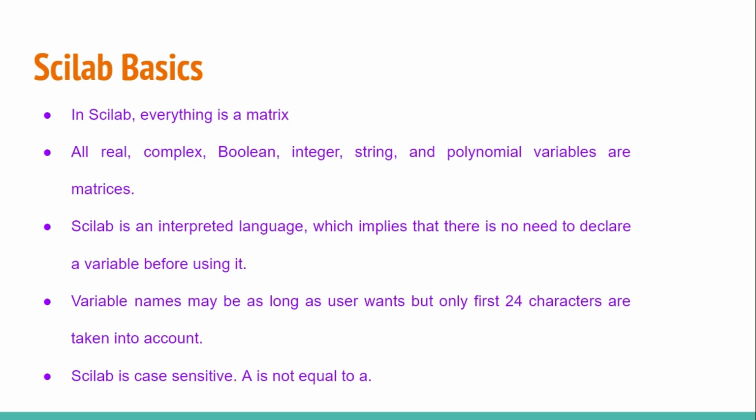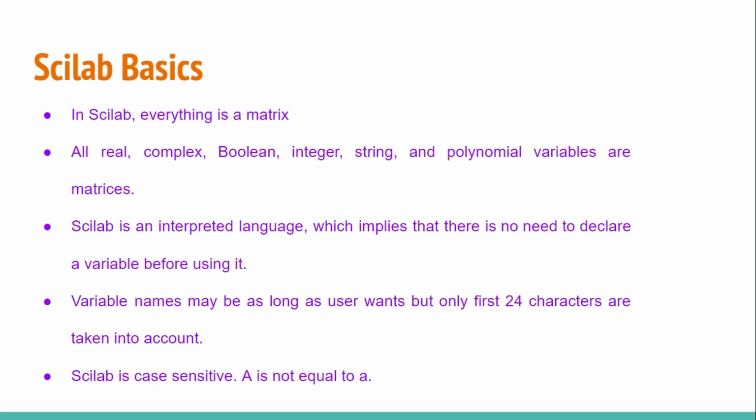Every language has some naming convention for variable names: the first letter should be an alphabet, and then you may take any name for the variable, but the variable name must not be a keyword. In Scilab, you can take the variable name as long as you want, but only the first 24 characters are taken into account.